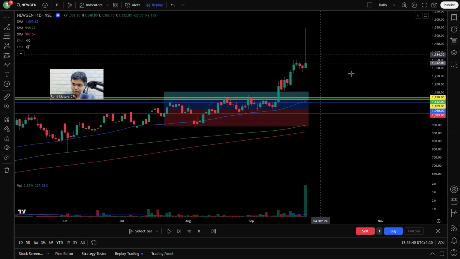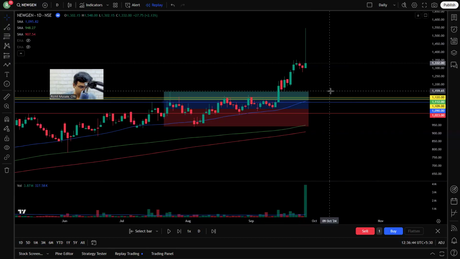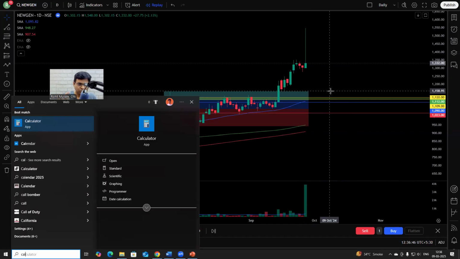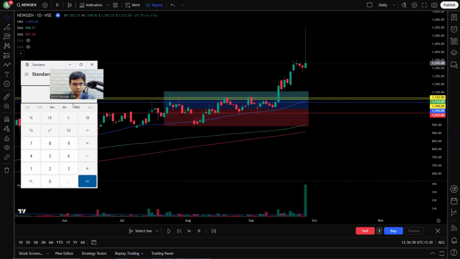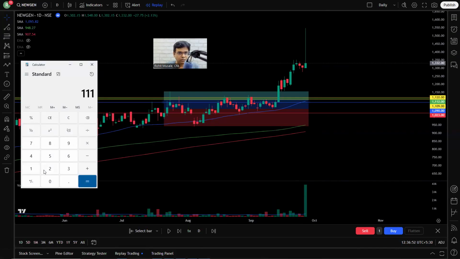What you could do is, you could take this price, the average execution price, and calculate, go up 25% from that level. So 1112 multiplied by 1.25. Okay, so 1390.